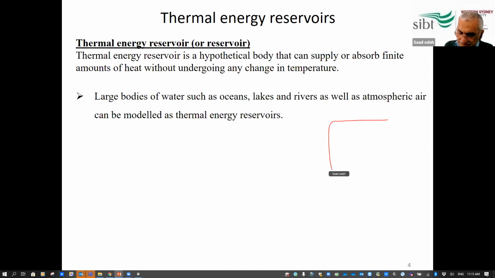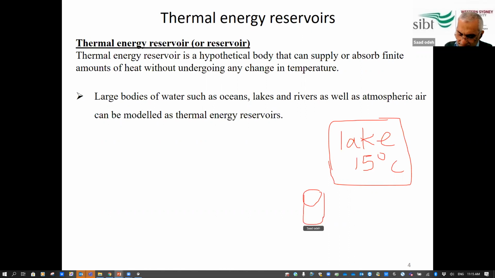If I have, for example, a lake at a temperature of, for example, 15 Celsius, and I have a mug of hot water at 100 Celsius, for example, and I pour this water inside the lake.